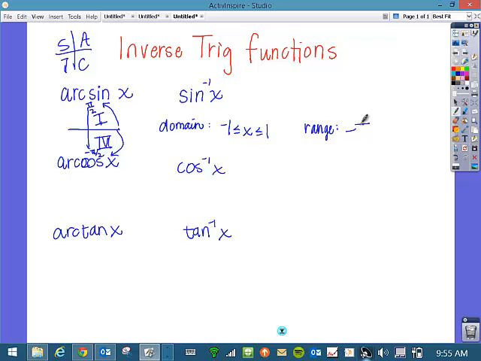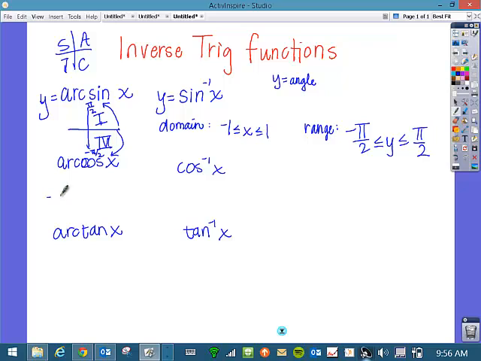So this is y equals arcsine of x, y equals sine inverse of x. Y represents your angle, and x is like the value. So arcsine is restricted. The angle is going to be between negative pi over 2 and positive pi over 2.